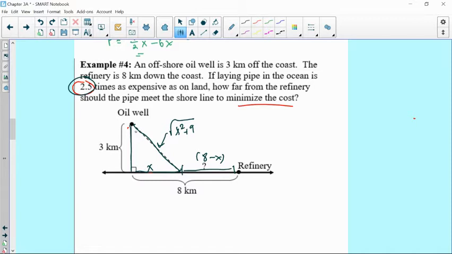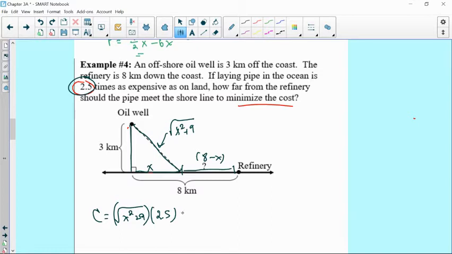So if I think about my cost here, it's the distance in the water, which is the square root of x squared plus 9, times the cost, so we'll call it 2.5 per unit. That way I can call the other one just 1.